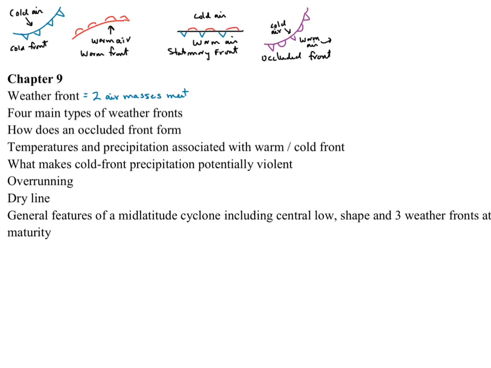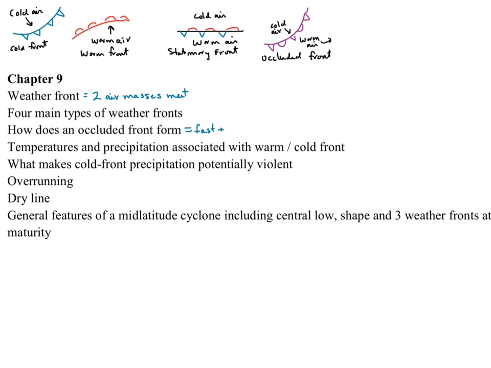It has alternating semicircle, triangle, semicircle, triangle. In an occluded front, the cold air is basically outrunning the warm air in front of it.